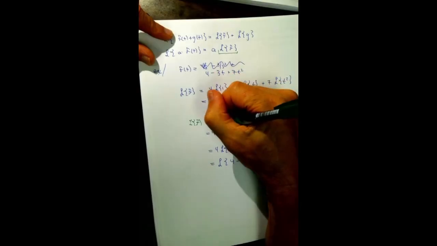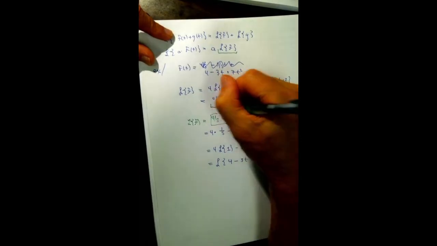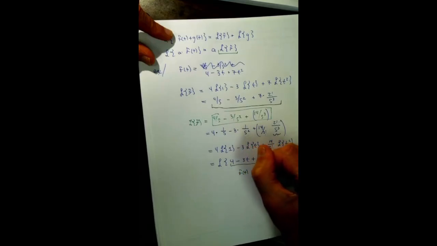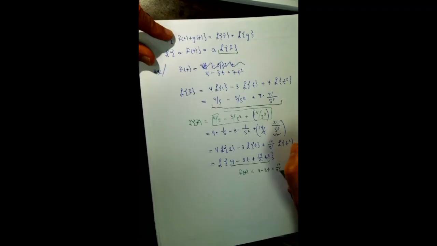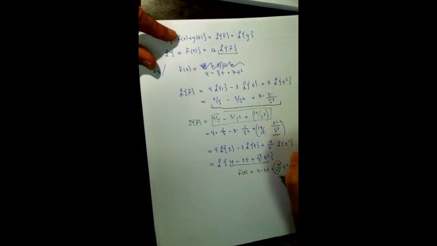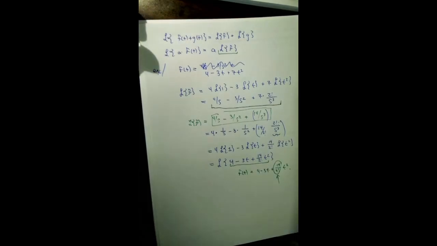So if you're given this, you should be able to figure out that the original function is 4 minus 3t plus 14 over 2 factorial t squared. And again, that's a perfectly legitimate way to write a number.